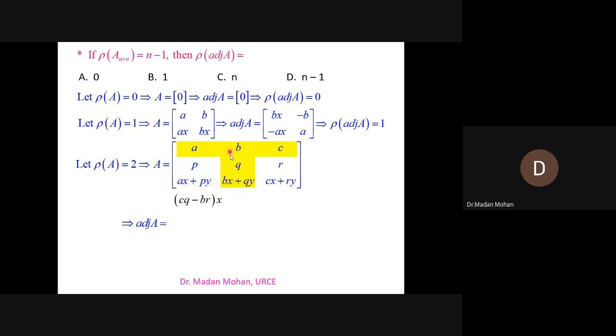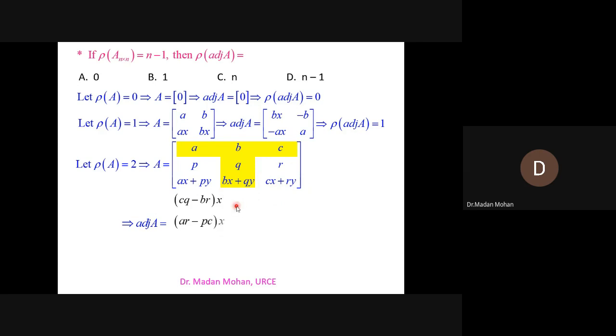Now C12 is the product of this minus the product of this. PCX, PRY gets cancelled. You will get PCX minus ARX, that is CP minus AR into X. That is C12. But adjoint is the transpose of cofactors. Therefore, the C12 goes right here as a column.